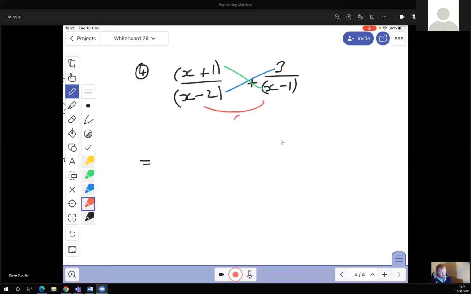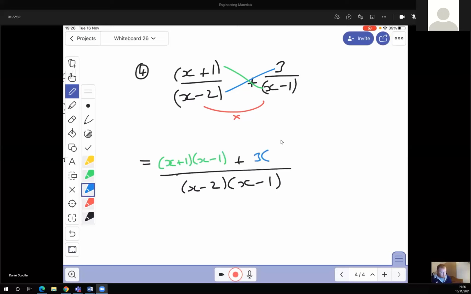So I'm just multiplying the bottom terms. Don't need to break the brackets. That's as simple as that goes. Multiply across the way. So that green line would be x plus 1, and I'm multiplying that with the other bracket there. Plus sign, and the blue line would give you 3x minus 2.